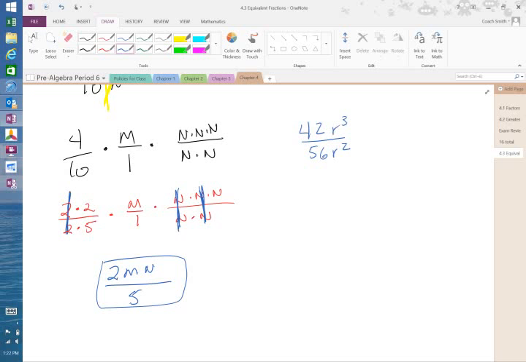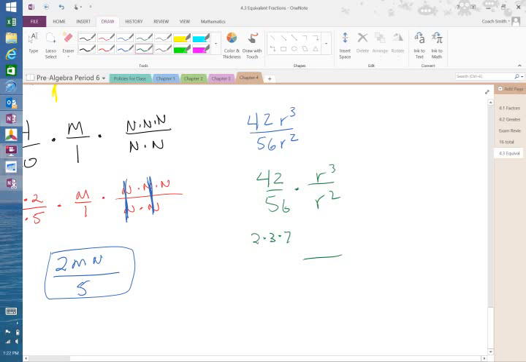Well, if we divide that up, that's 42 over 56 times r to the third over r to the second, which 42 is 2 times 3 times 7, 56 is 2 times 2 times 2 times 7, times r times r times r over r times r.